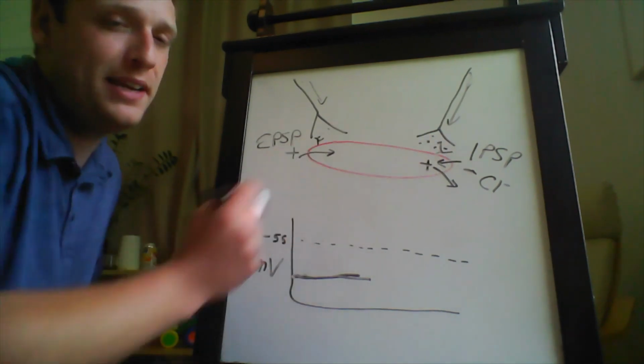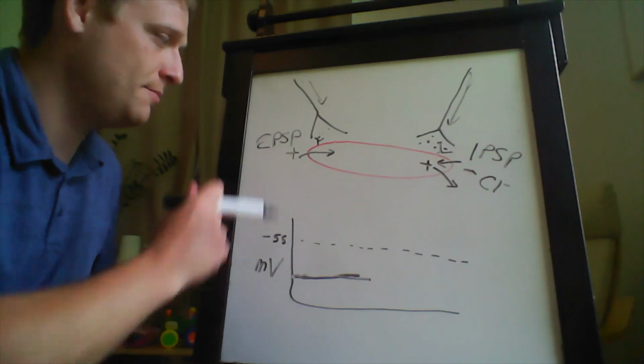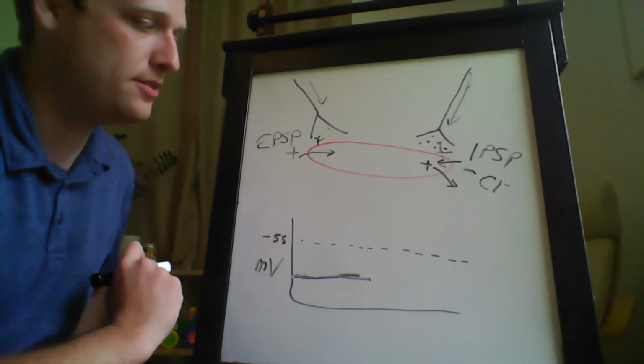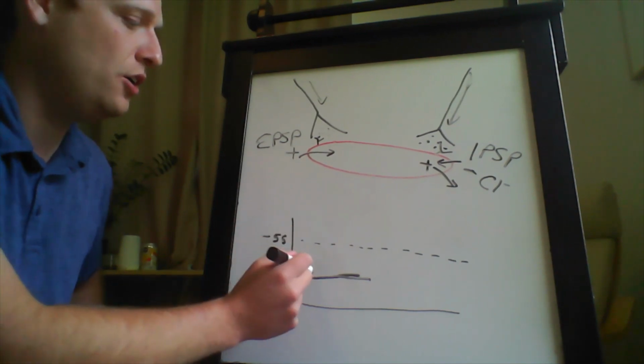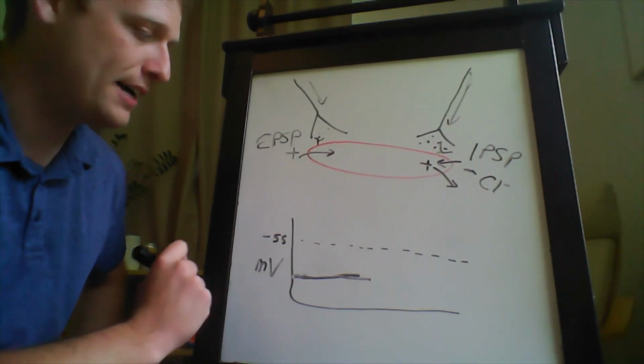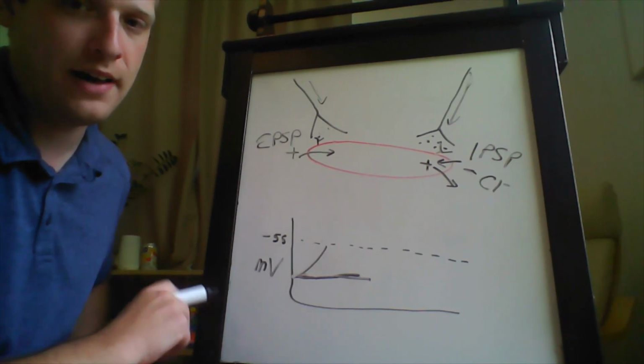So inhibiting certain cells is going to be an important function of the nervous system, just like exciting other cells. And again, in order to excite a cell, you're going to have to overcome any inhibitory effects and get up to that threshold value.